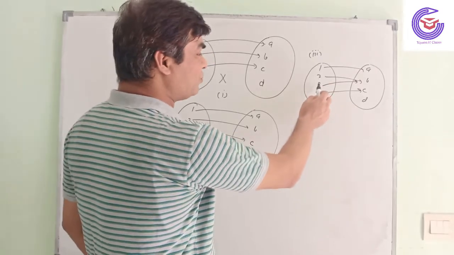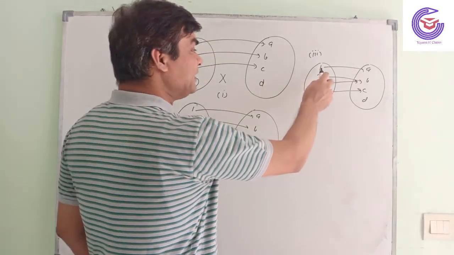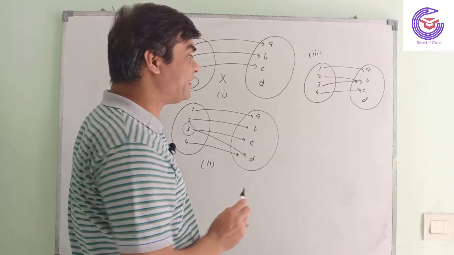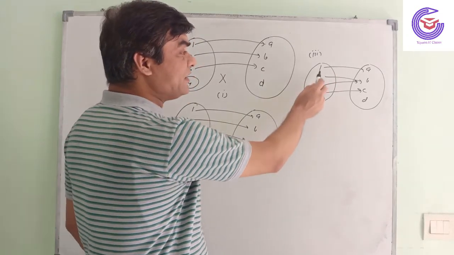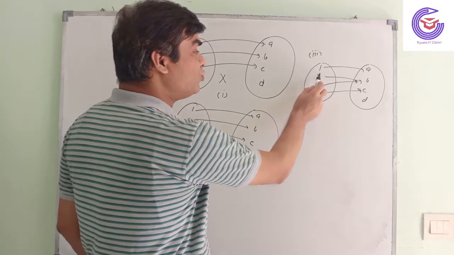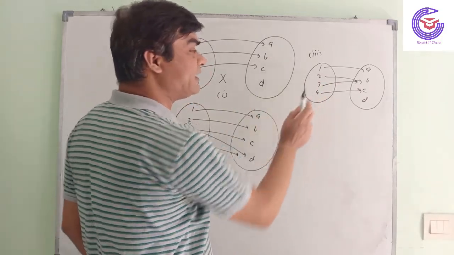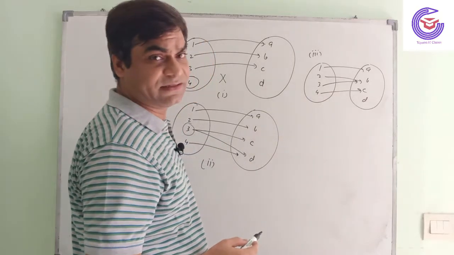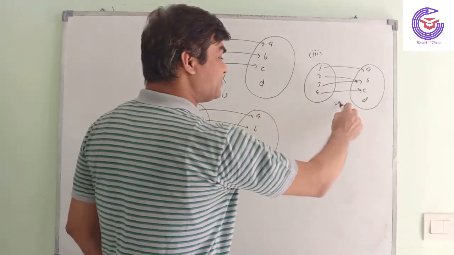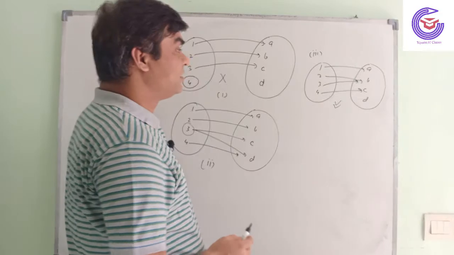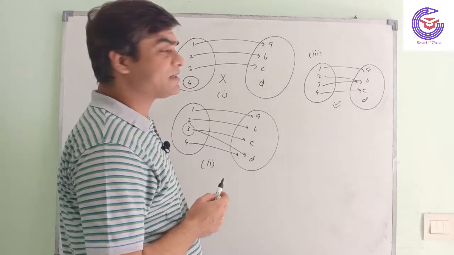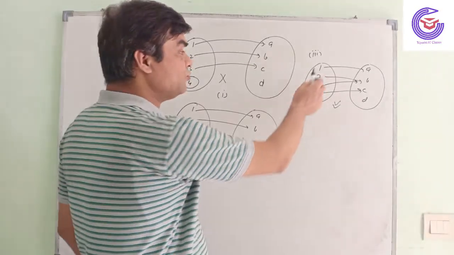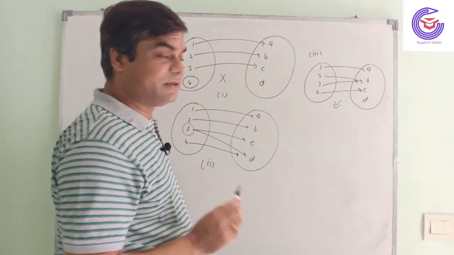Here you see 1, 2, 3, 4. What happens here? Each element has a mapping. So the first condition is satisfied. In the second condition, 1 has 1 mapping, 2 has also 1 mapping, 3 has mapping as B, 4 has mapping as C. Okay, so this satisfies the condition. So sometimes there is a confusion: sir, in B we have got 2 mappings, so is that allowed?